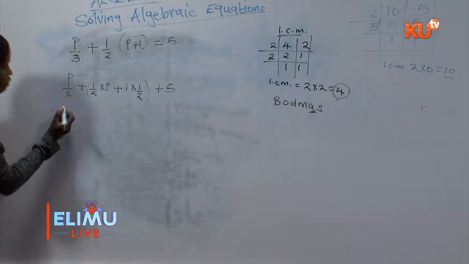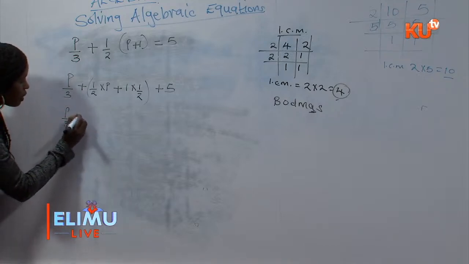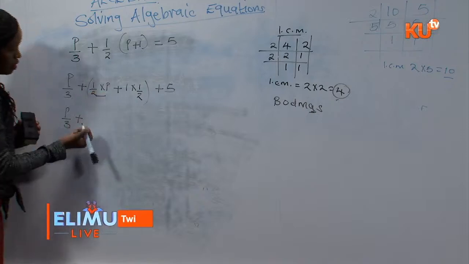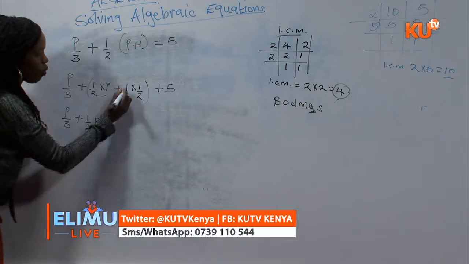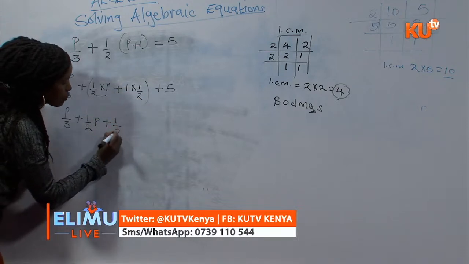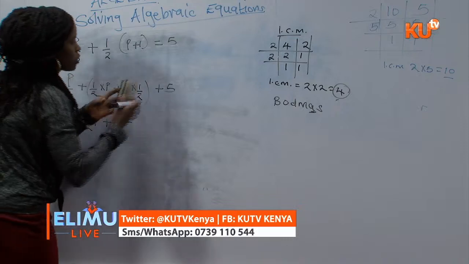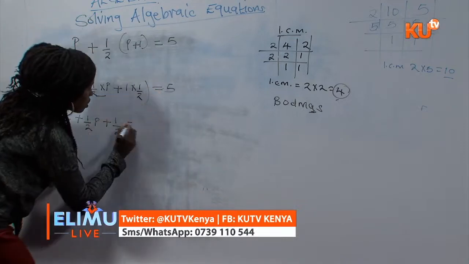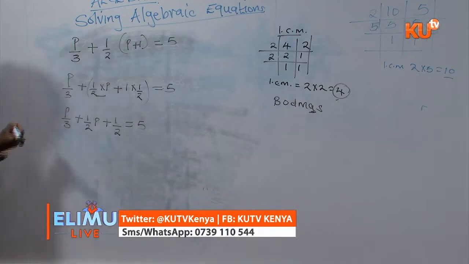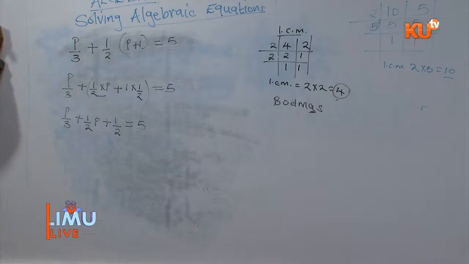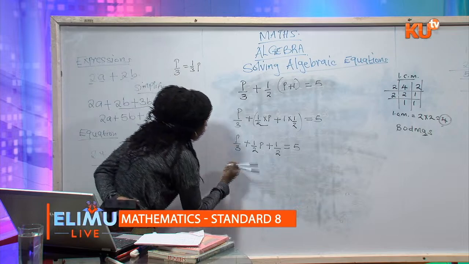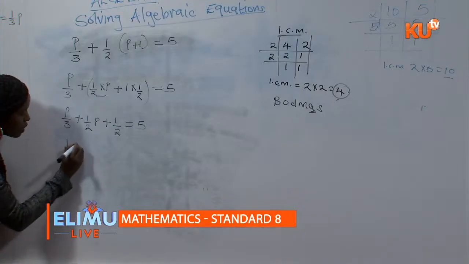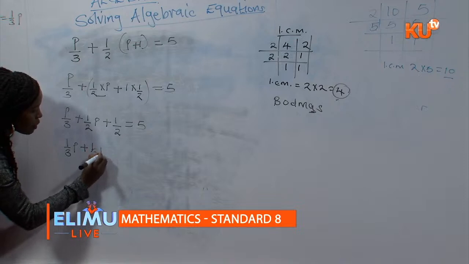We have P over 3 plus a half P, plus a half, is equal to 5. From there now we put the like terms together. P over 3 is the same as a third P. So we take a third P plus a half P.